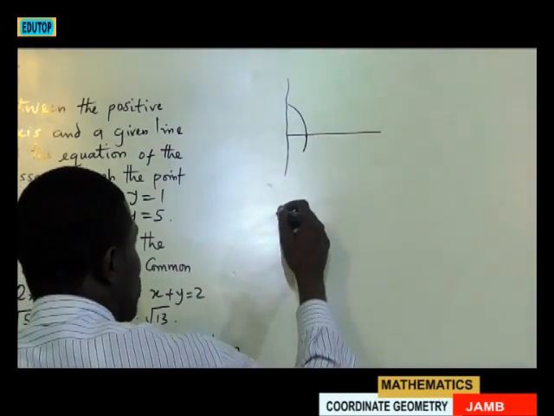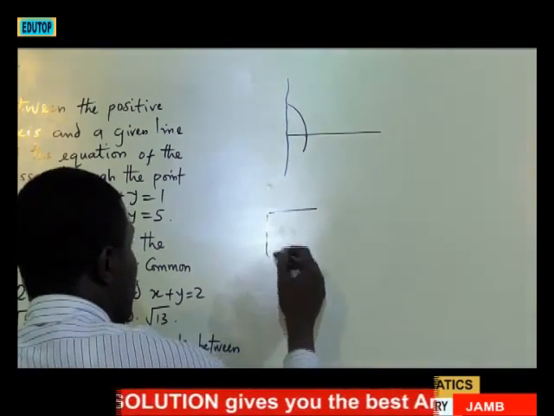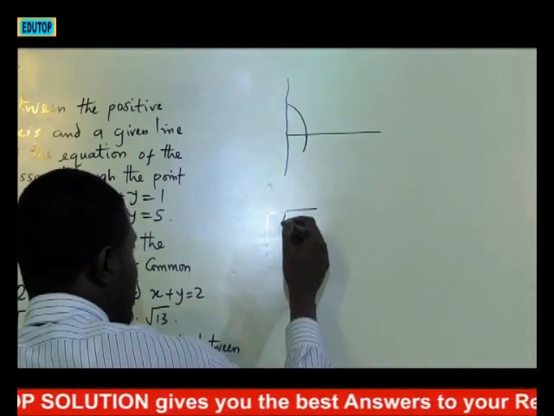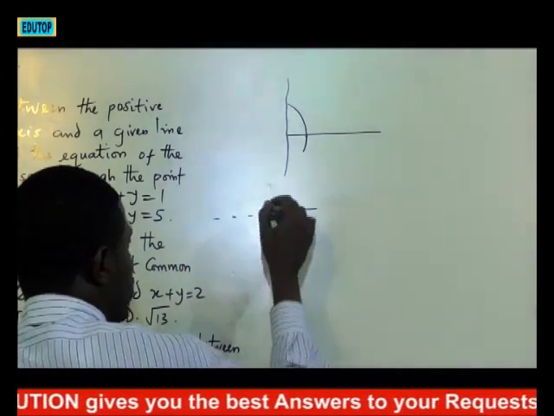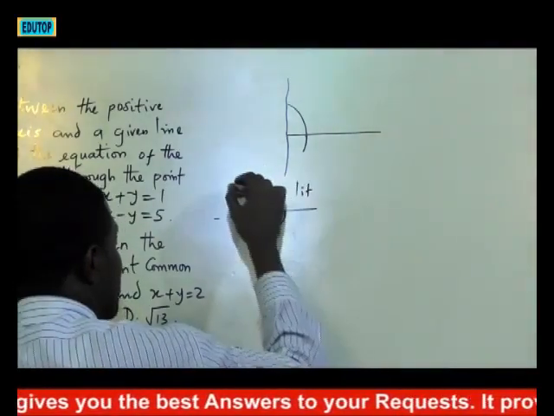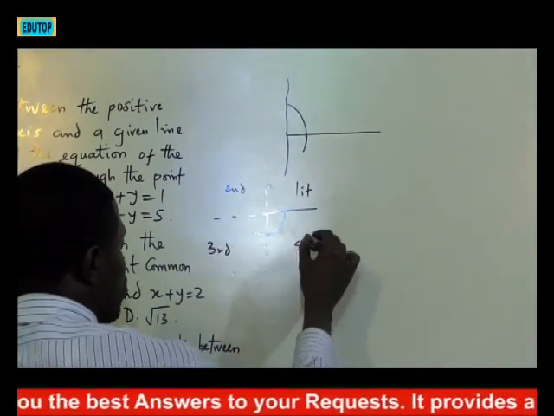You could have a scenario like this, whereby you have it moving like this, 90 and 135. Then if you check this very well, you discover that this is your first quadrant, this is your second quadrant, this is your third quadrant, and this is your fourth quadrant.